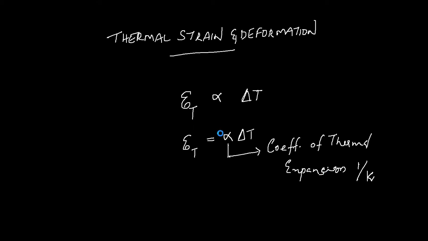The unit of alpha, or coefficient of thermal expansion, is per Kelvin. Now, this is the property of the material, the coefficient of linear thermal expansion. To be precise, it is the coefficient of linear thermal expansion. That is a property of the material.